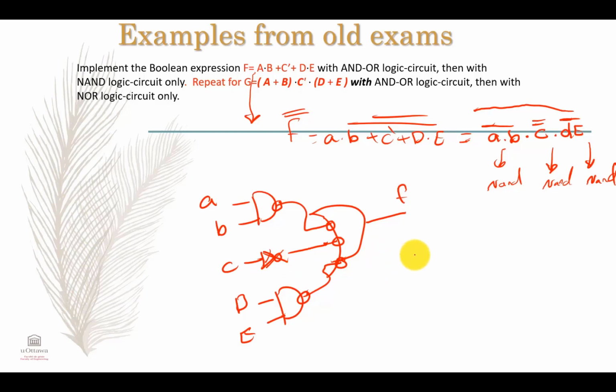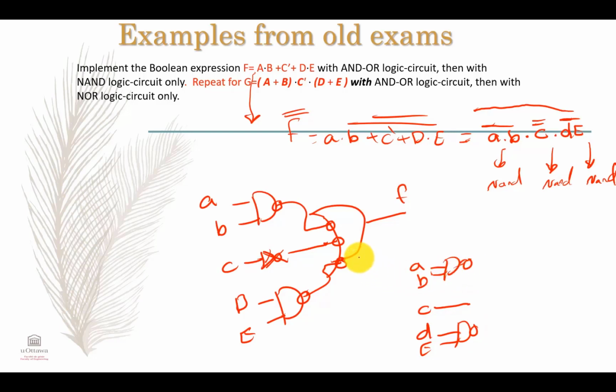So this will be equal to A, B NANDed together, and C just by itself, and then I have D and E, both of them NANDed.